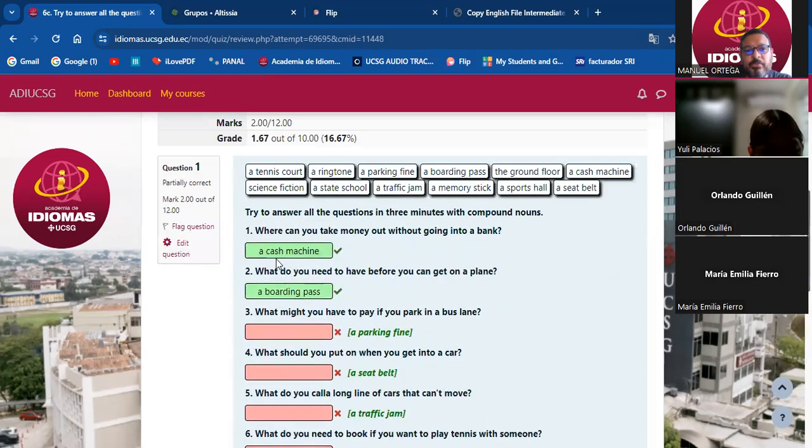Number one, cash machine. Number two, boarding pass. Number three, you have to pay if you got in the bus lane. It's like here, the cars, when they go into the lane of Metrovia, they have to pay something, right? Parking fine.